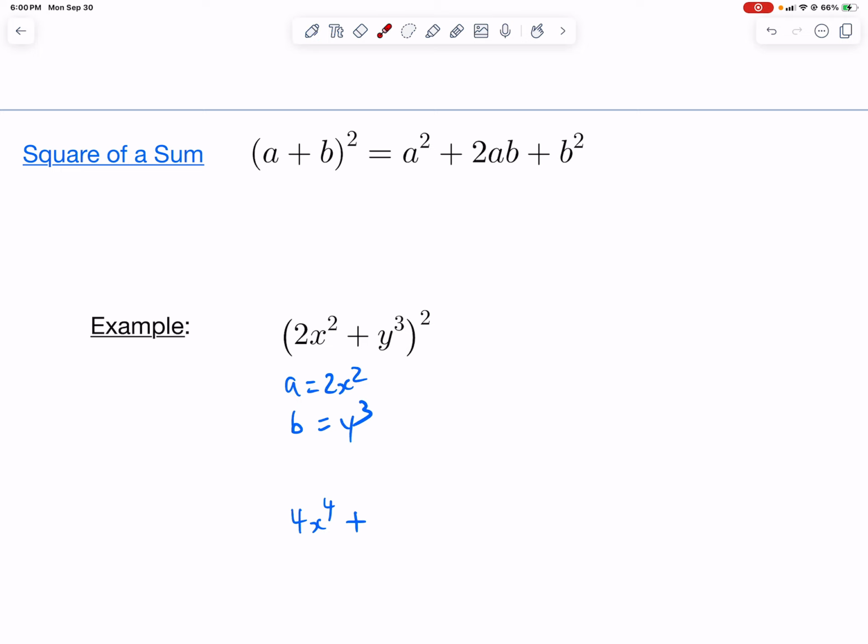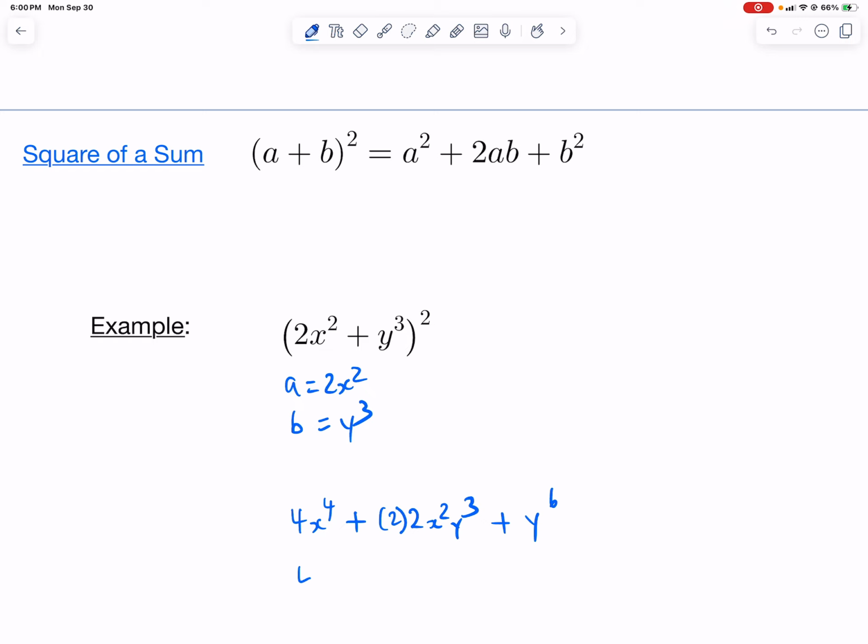Getting the middle term is going to be twice a times b. So a times b is going to be 2x squared y cubed, and it's going to be double that, so we're going to multiply that by another 2, and the last term is going to be b squared, so that's going to be y cubed, my b, squared, and y cubed squared is going to be y to the 6th power.